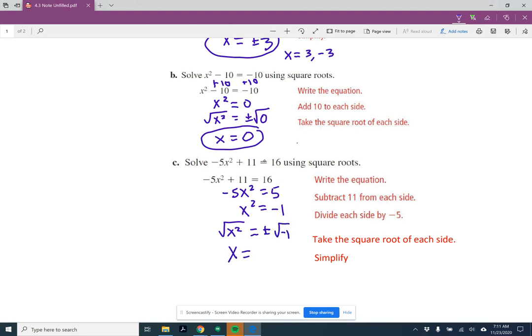And then we're going to simplify. Square root of -1 is i, so we have plus or minus i. So two solutions, x equals i, x equals -i. So two non-real solutions. They are complex numbers, but they're not real numbers. So two solutions. All right.